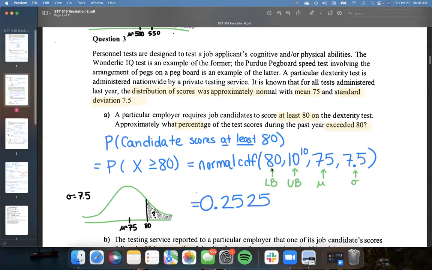So my lower bound is 80, my upper bound is infinity, so I'm going to put 10 to the 10, and then my mean is 75, and our standard deviation is 7.5. So you put that in your calculator and you should get 0.2525. So that's that area under the curve. So that's the percentage of the test scores during the past year that exceeded 80.